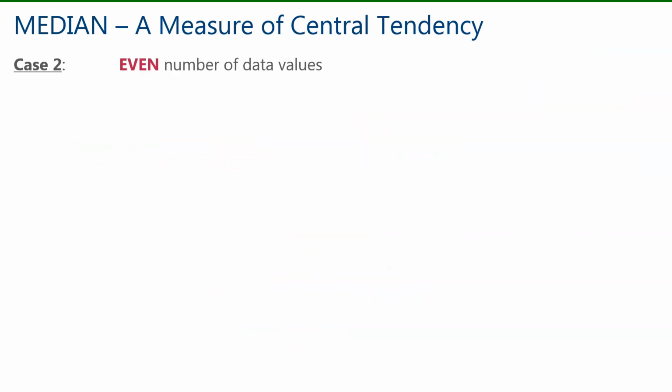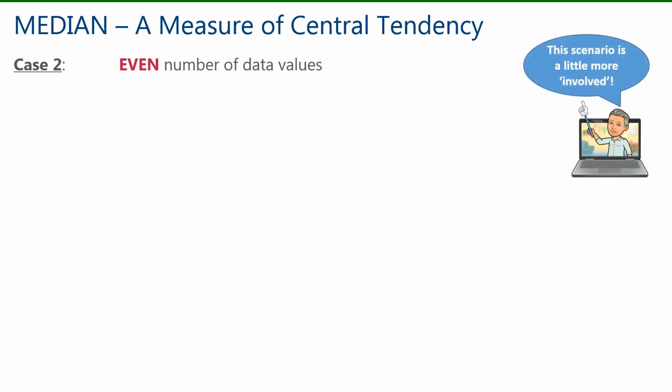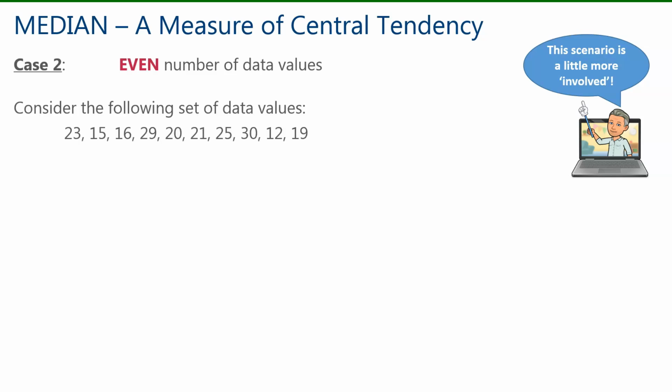Case 2. What if we have an even number of data values? And yes, this scenario is a little more involved, but nothing we can't handle. Here's our set of data. If we count up the data values here, we will see that we have 10 pieces of data, and 10, of course, is an even number. Again, we need to find the median, the middle number.